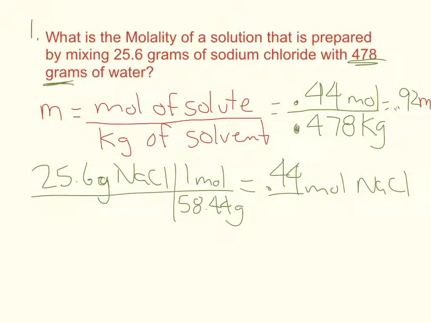So remember, solute is the stuff being dissolved, and the solvent is that which does the dissolving. Once you're clear on that, it's a matter of just converting numbers. So we took the 25.6 grams of sodium chloride and converted it to 0.44 moles, and then we took the 478 grams of water and converted it to kilograms. We divided those and got the molality to be 0.92.